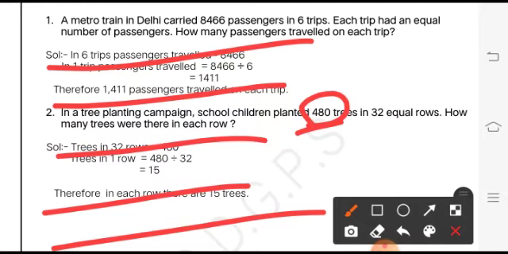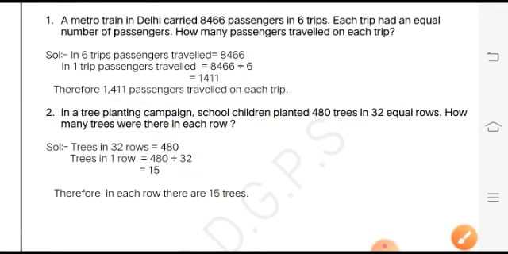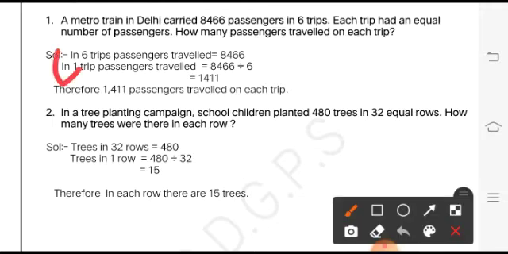By equal, we mean that there were an equal number of trees in each row. We have to calculate how many trees were planted in each row. Of course, it will be obtained by dividing 480 by 32. We get quotient 15. That means in each row there were 15 trees.